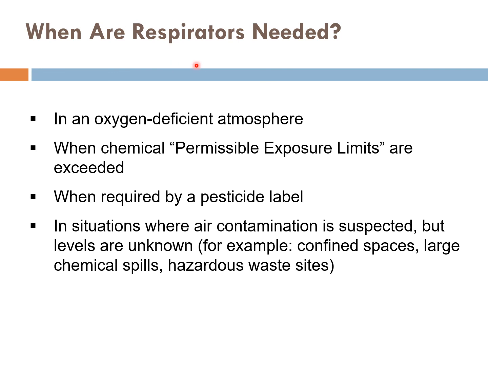This might be a particular PPE for certain classes of chemicals: respirators. So in an oxygen deficient atmosphere, we need respirators when chemical permissible exposure limits are exceeded. Especially the pesticide, the people who are agri workers or farmers, when they are dealing with pesticide, and in situations where air contamination is suspected but levels are unknown, for example confined spaces, large chemical spills, hazardous waste sites.